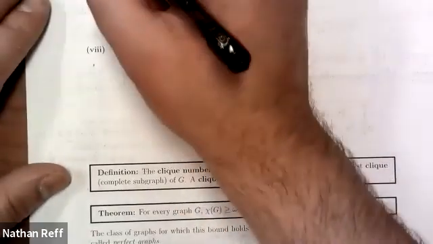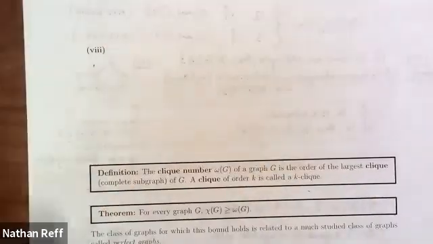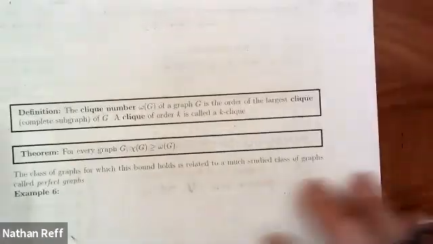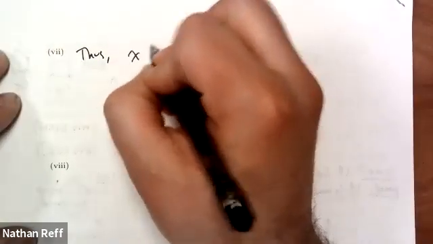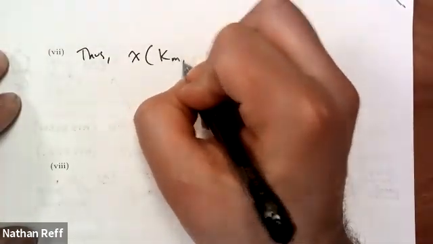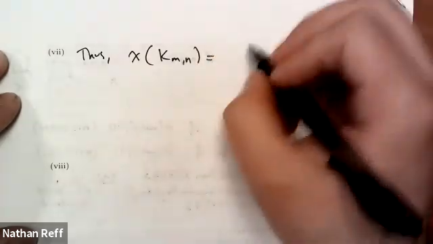All right, now that we have this general result for bipartite graphs, that would tell us the chromatic number for complete bipartite graphs in general is 2.